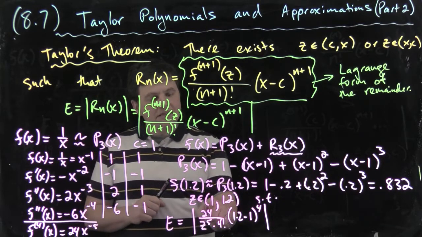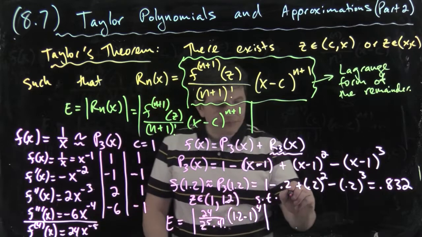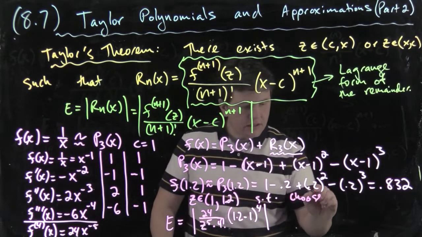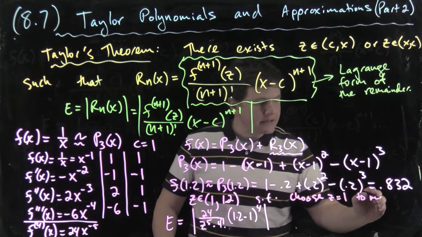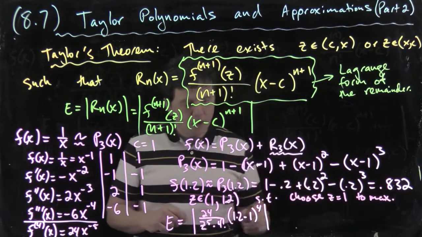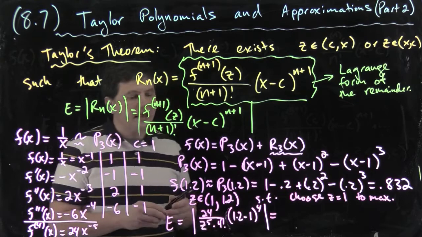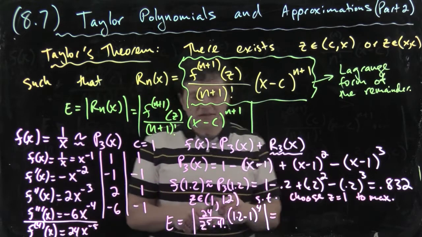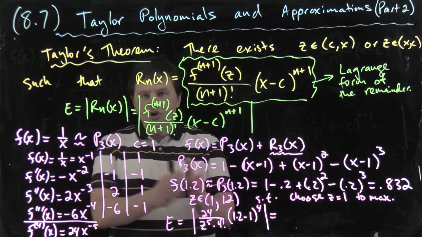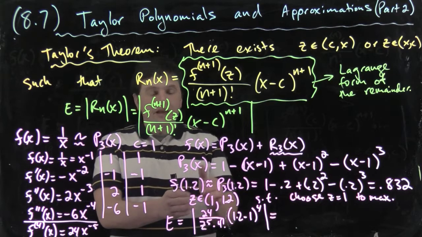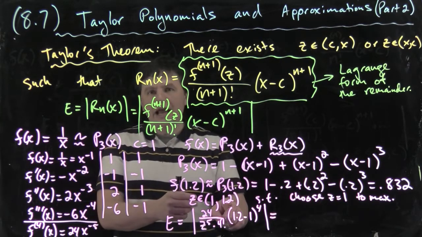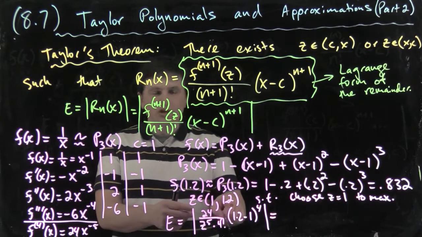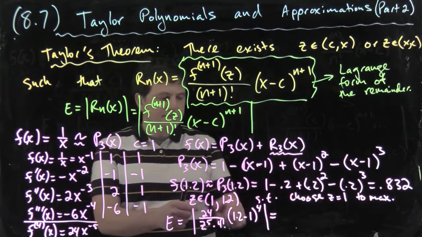So I'm going to choose z equals 1 to maximize this term, okay? It's usually pretty basic, and we'll get into some other possibilities, but usually you're going to choose the left-hand endpoint. If it's going to decrease, we choose the right-hand endpoint, for instance, if this was in the numerator and it increases, okay?